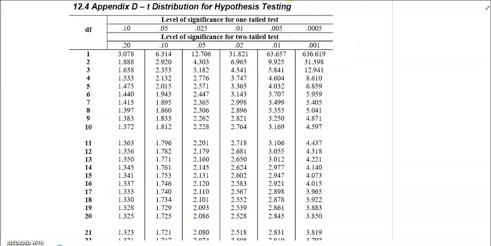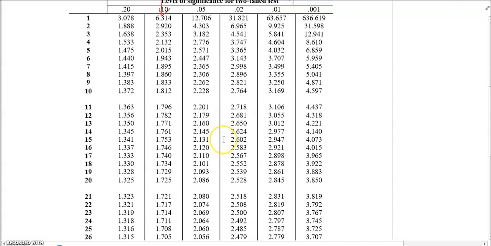So once again, here's our t-distribution for hypothesis testing, and this is the level of significance. It's a one-tailed test at 0.05. So we know we're going to look down this column, and then we're going to look for degrees of freedom of 25 minus 1, which is 24, and where those two columns intersect, we end up with the magic value. So in this case, 1.711 is the critical value that we would put on our graph.